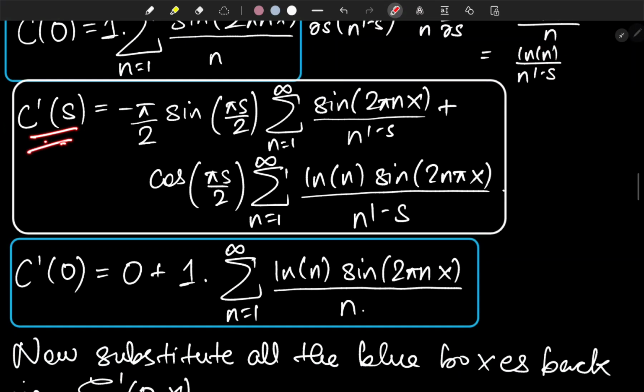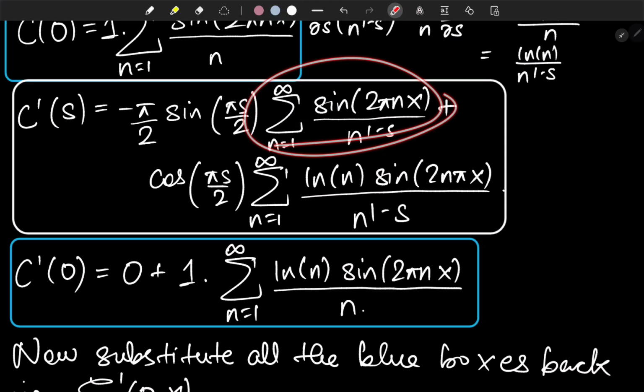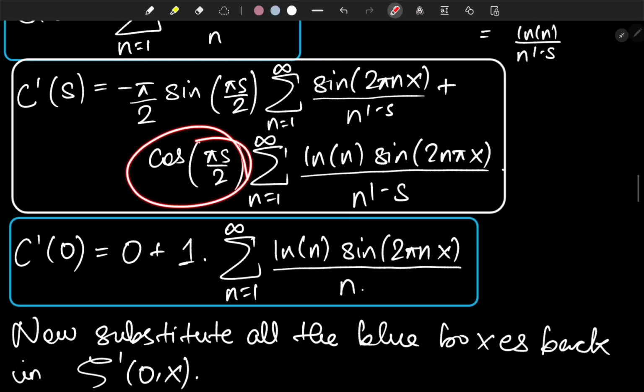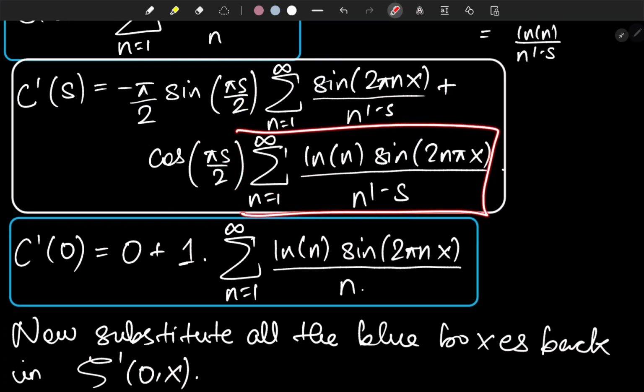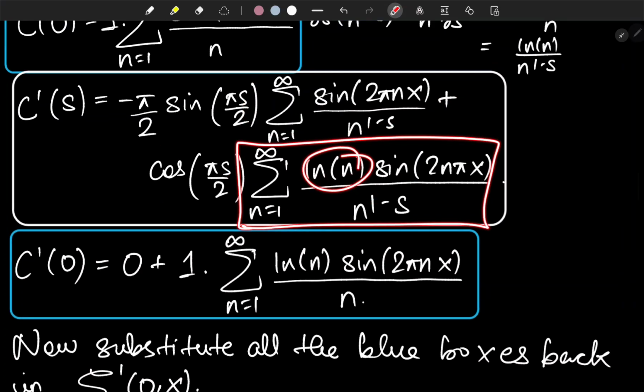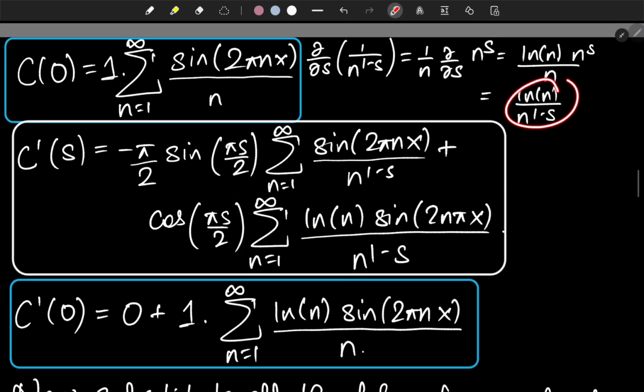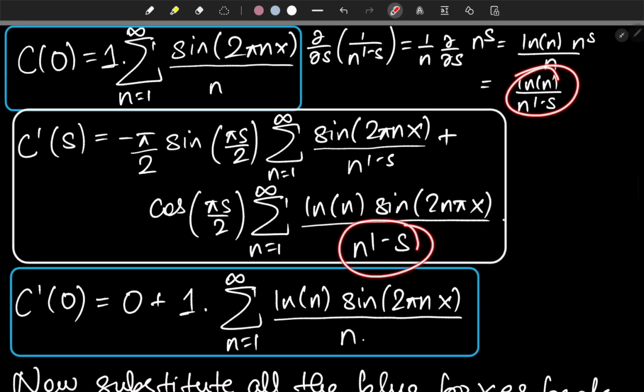Now, the derivative of cosine is minus sine, with a factor of pi over 2 from the chain rule, and the second function as it is. Then the first function as it is, times the derivative of the second function, which came out to be natural logarithm of n over n to the 1 minus s.